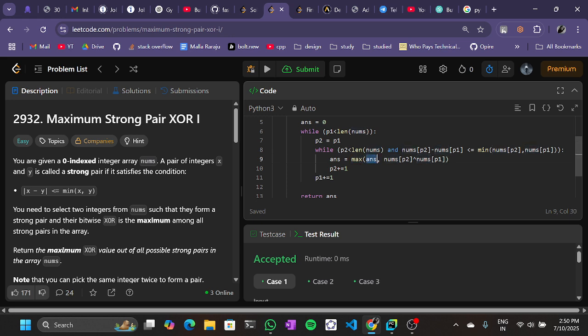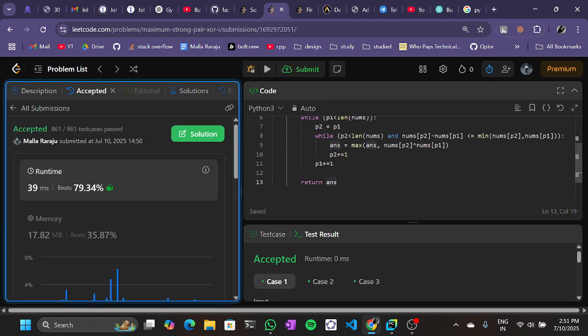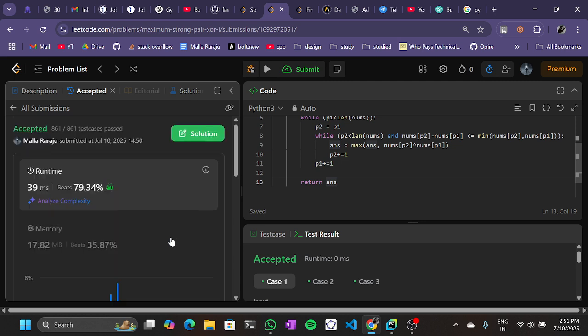So we'll be taking the maximum XOR on the way and returning it. Let's submit it and check if it is working fine for all the test cases.